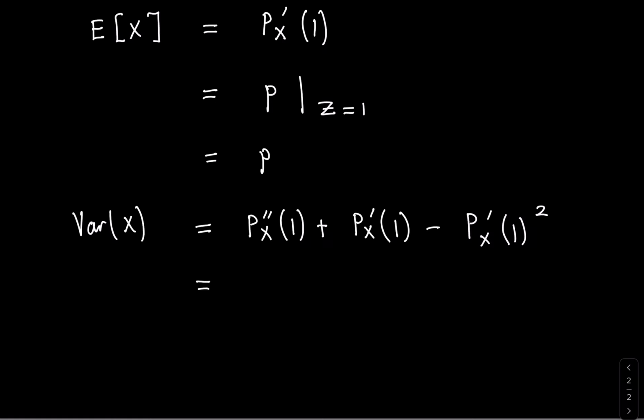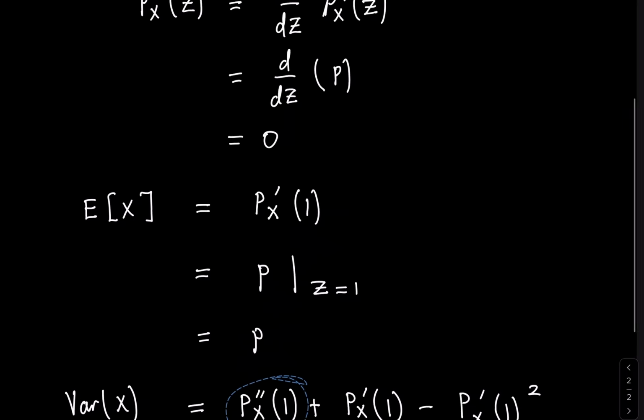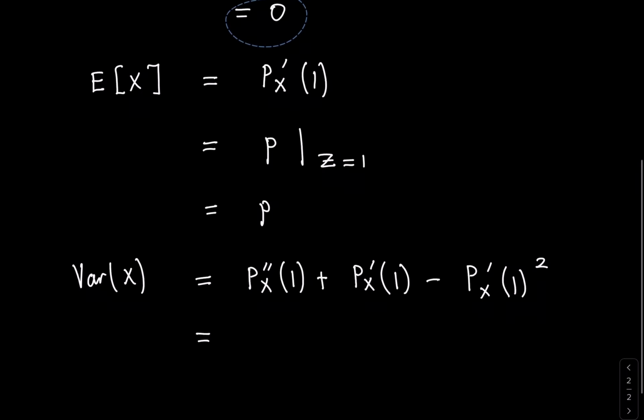So we have our expression for the second derivative. The second derivative was actually just equal to 0, so I'm going to plug that in. And I'm going to be a bit careful here. I'm still going to say z equals 1, even though there's not really much difference.